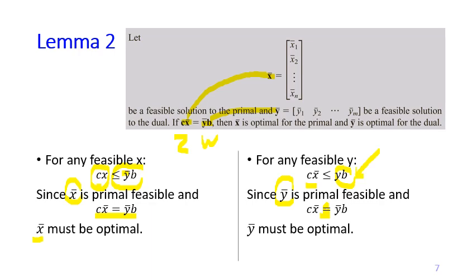So you try to minimize the yb value, and the best that you can do is make it equal to c x bar. So here we see that if they are equal, it means that you cannot maximize the primal anymore and you cannot minimize the dual anymore. It means that we have found the optimal solution for both the primal and the dual, and they both have exactly the same objective function value.